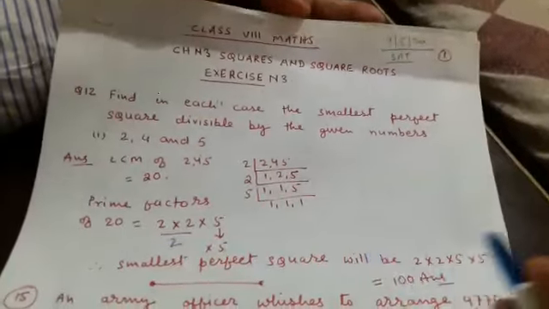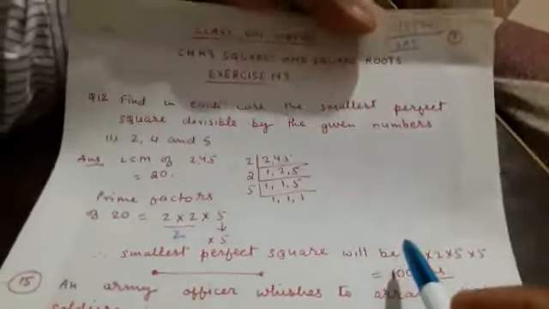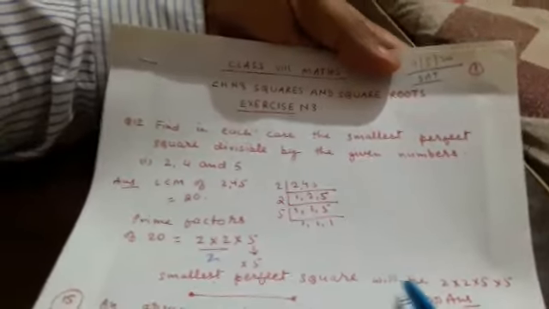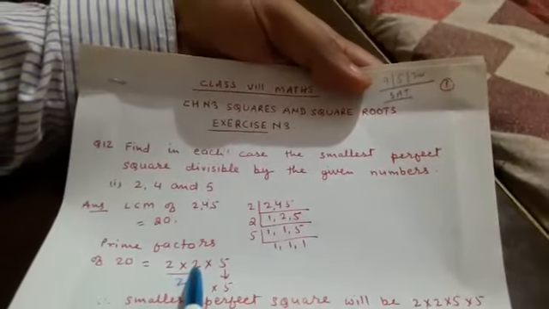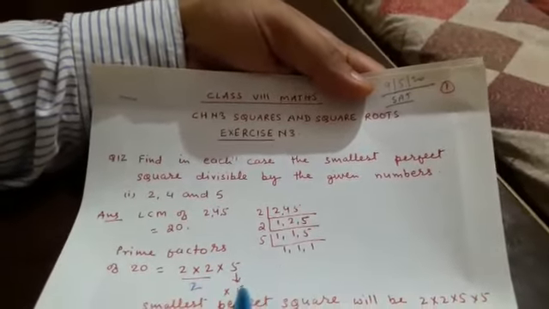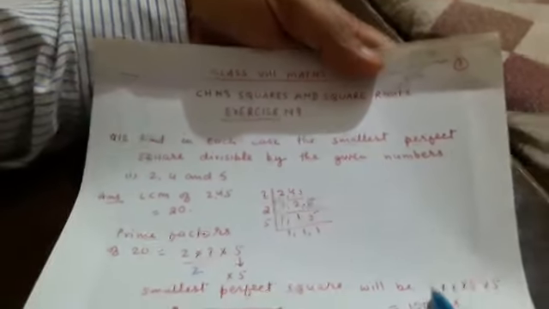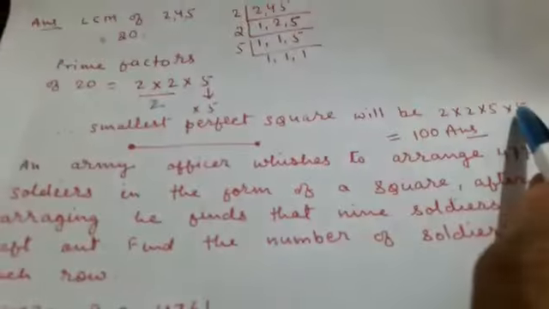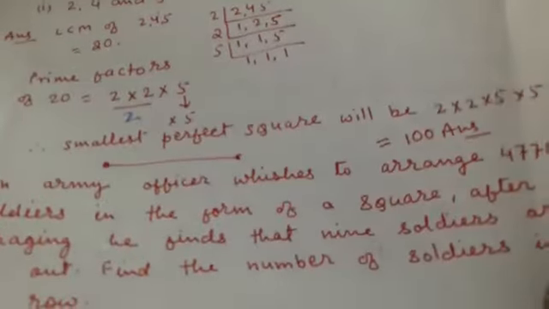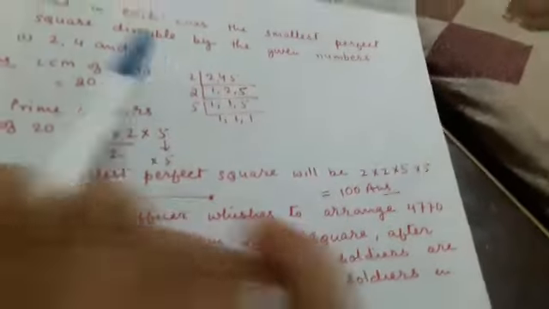So let us see the product. The smallest perfect square will be 2 into 2 into 5 into 5, because we are multiplying by 5 to make it a perfect square. So 2 2s are 4, 4 5s are 20, 20 5s are 100. 100 will be our answer, and 100 is a perfect square which is divisible by 2, 4 and 5.